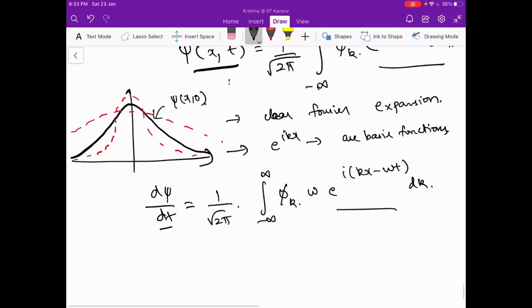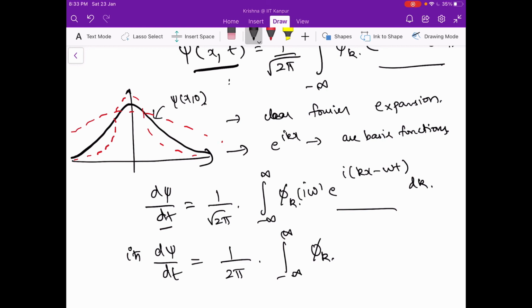And if I multiply this equation by i h bar, it will turn out to be 1 by root 2 pi, integral from minus infinity to infinity, psi of k. Remember, h cross omega is the actual energy, the Hamiltonian, as we saw previously.